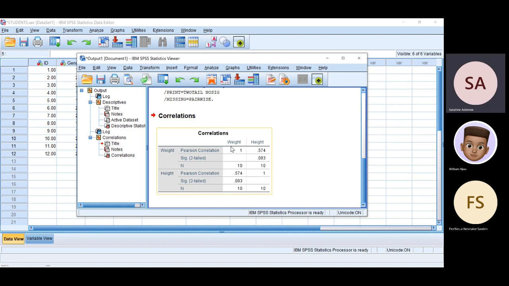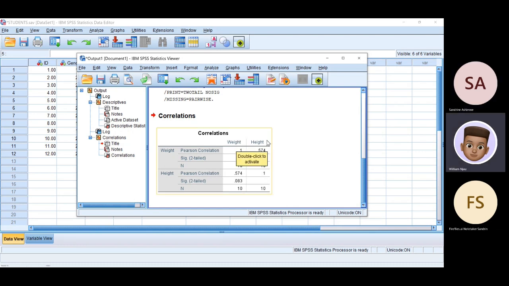Where weight is meeting weight, it is a 1. Where height is meeting height, it is also a 1. So when something is relating to itself, of course, it is a perfect correlation. That's why it's a positive 1.